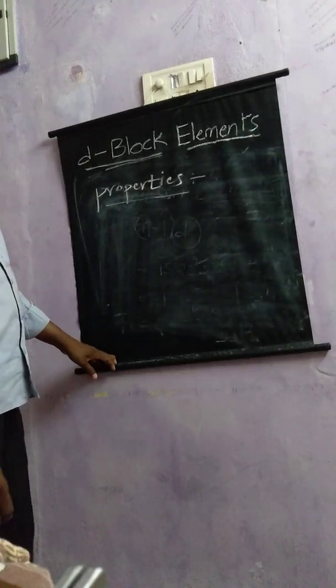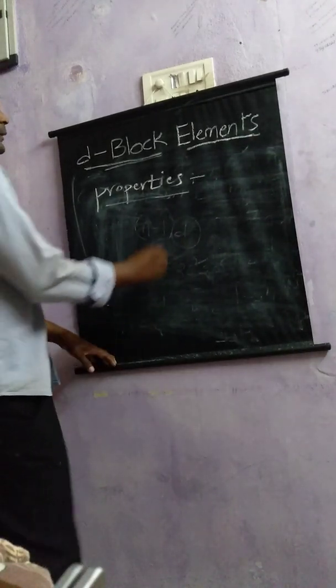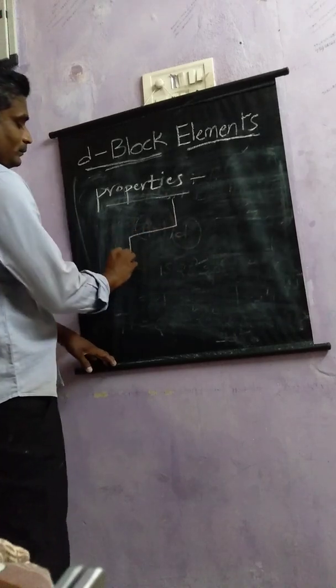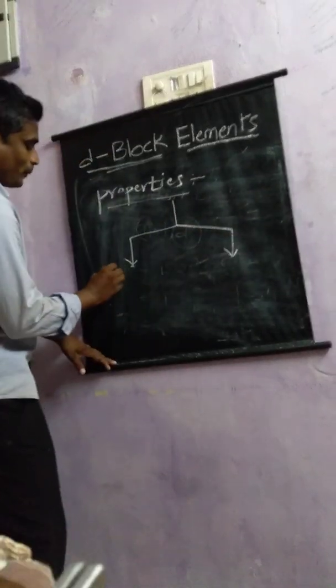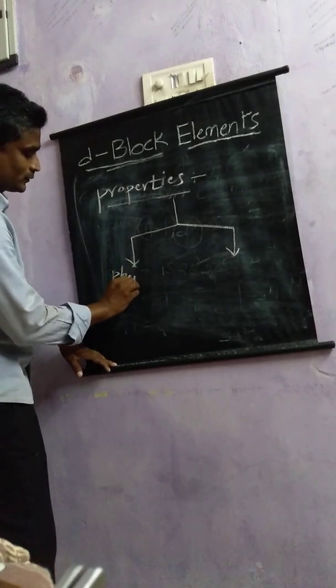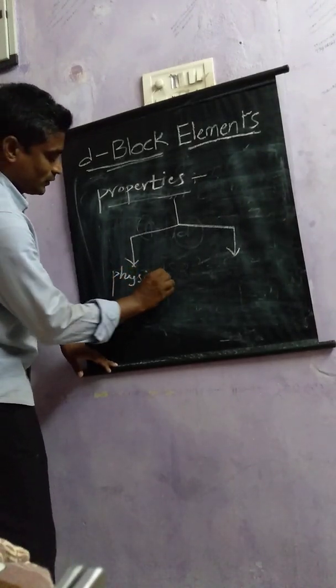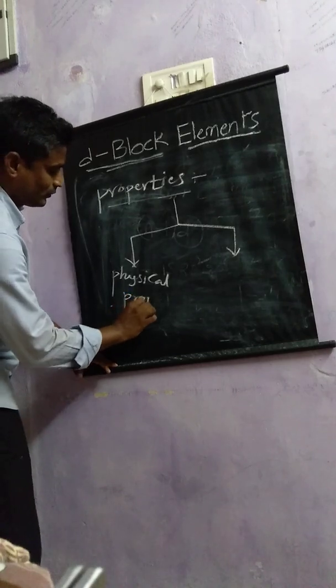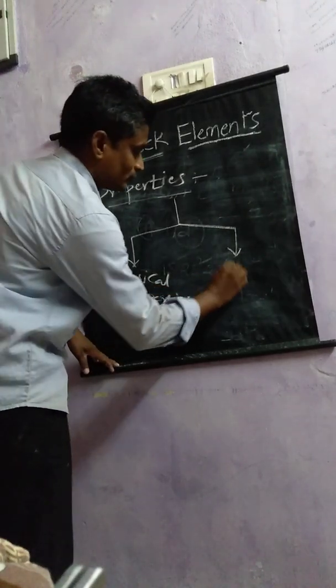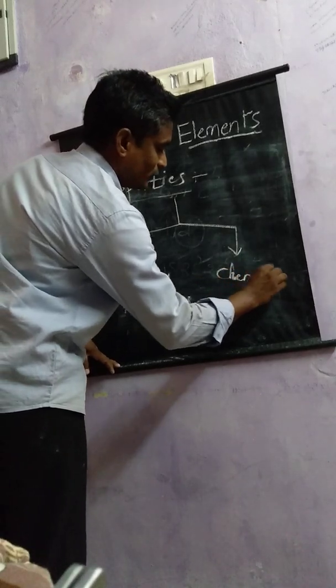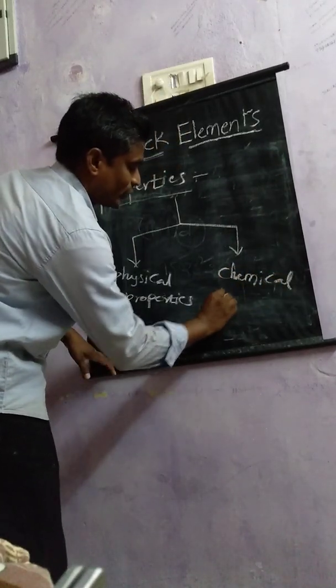Properties are of two types, mainly physical properties and chemical properties.